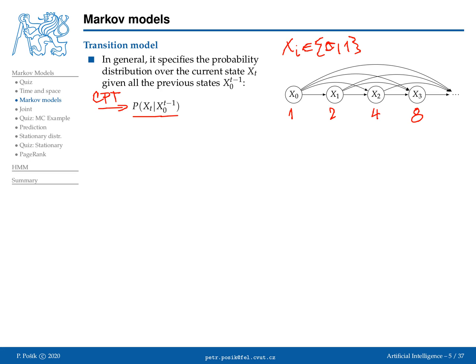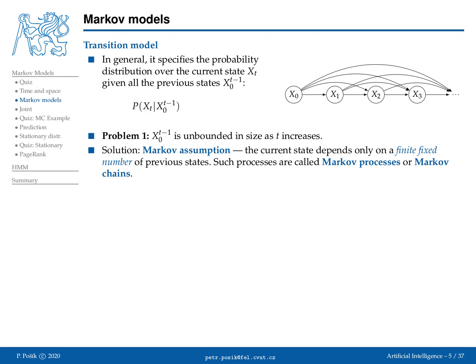So the first thing that we can do to simplify things is to use the so-called Markov assumption, and that's the assumption that gave the name to the whole class of models. That's the Markov models, right?